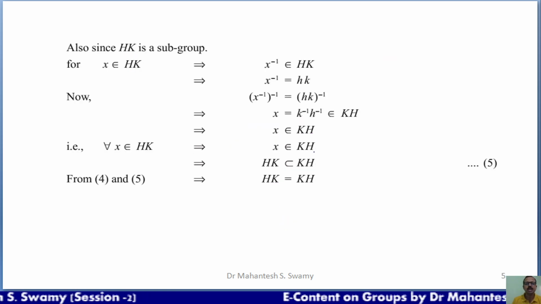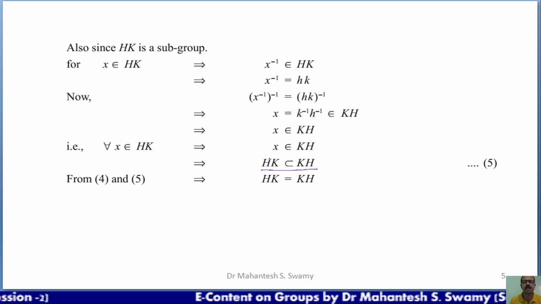Next, we are intending to prove that HK is a subset of KH. To prove that HK is a subset of KH, take any arbitrary element of HK. So take x as an arbitrary element of HK. HK is a subgroup.